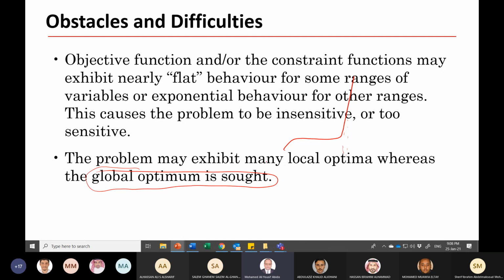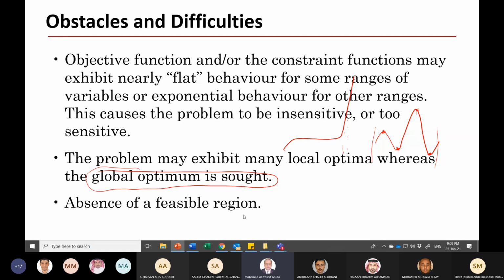But sometimes you can have a function as we pointed out before, with local maxima, local minima, local maxima, local minima. So you have a multimodal function, and in this case, some classical techniques can be trapped in a local minimum. But you have another solution, which is the global maximum or global minimum within this range. This is the range you are searching in.